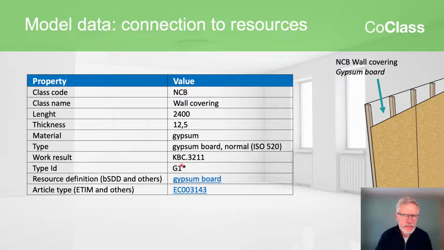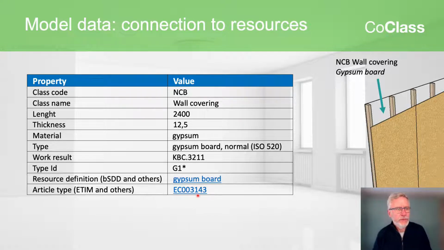In this case it's from this BIP code, where the G simply stands for gypsum board. You can have a resource definition. In this case it's a link to the Building Smart Data Dictionary. I'm not sure if you're familiar with that, but it's an online ontology, a dictionary for everything relevant in the construction industry.